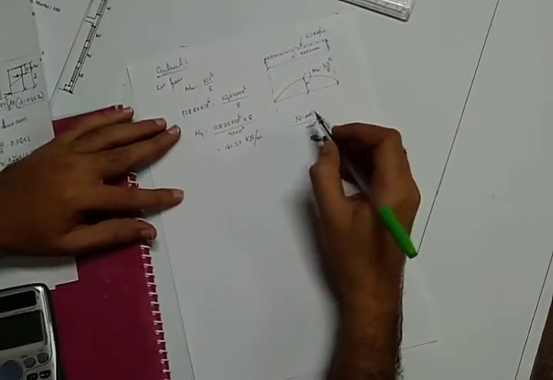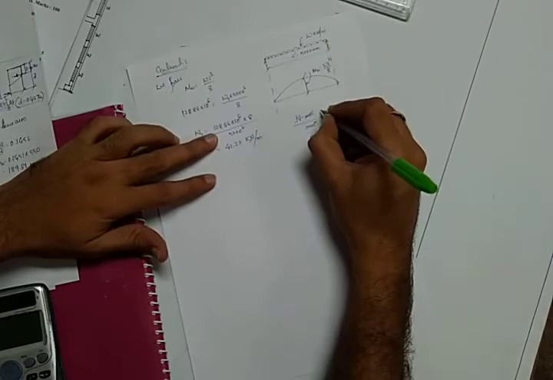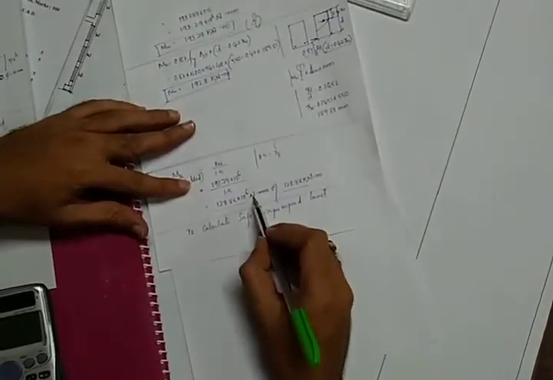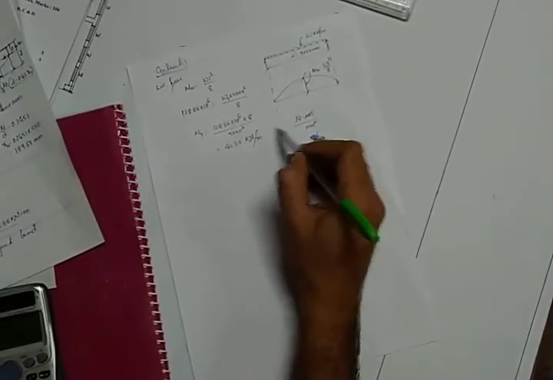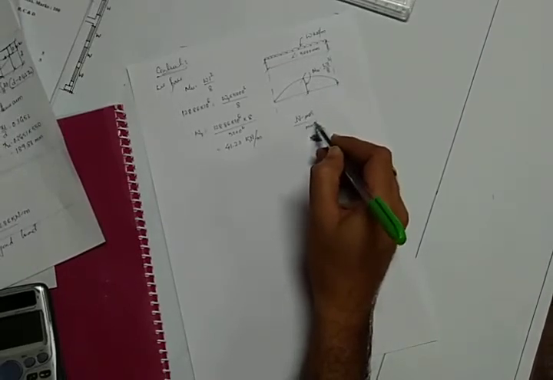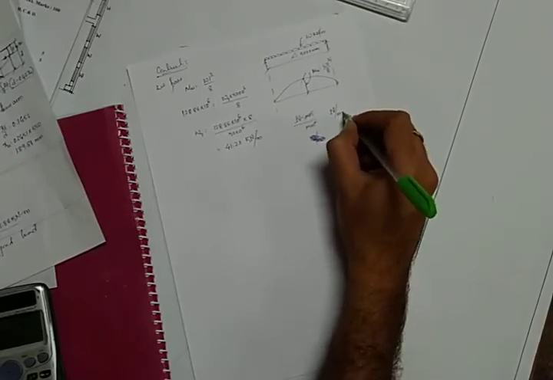You can observe here, if you write the unit of this moment, it is Newton millimeter. Newton millimeter divided by mm square. One mm gets cancelled with the power. So this will be Newton per millimeter.